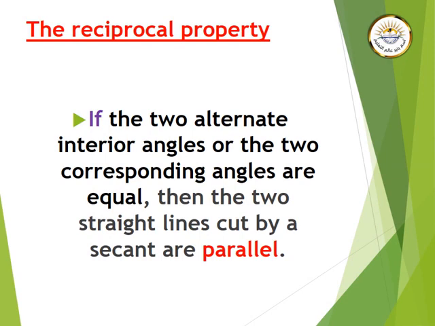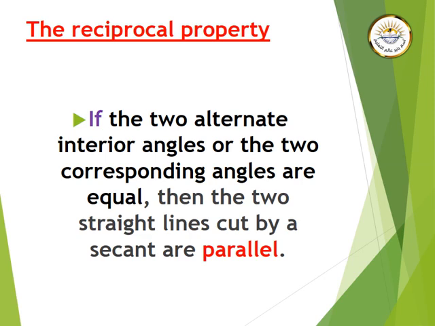The previous rule has a reciprocal property. That means we can think in the opposite way. So oppositely, if we have as given that the two corresponding or alternate interior angles are equal, we can in this case assume that the two straight lines cut by a secant and forming these two angles are parallel.